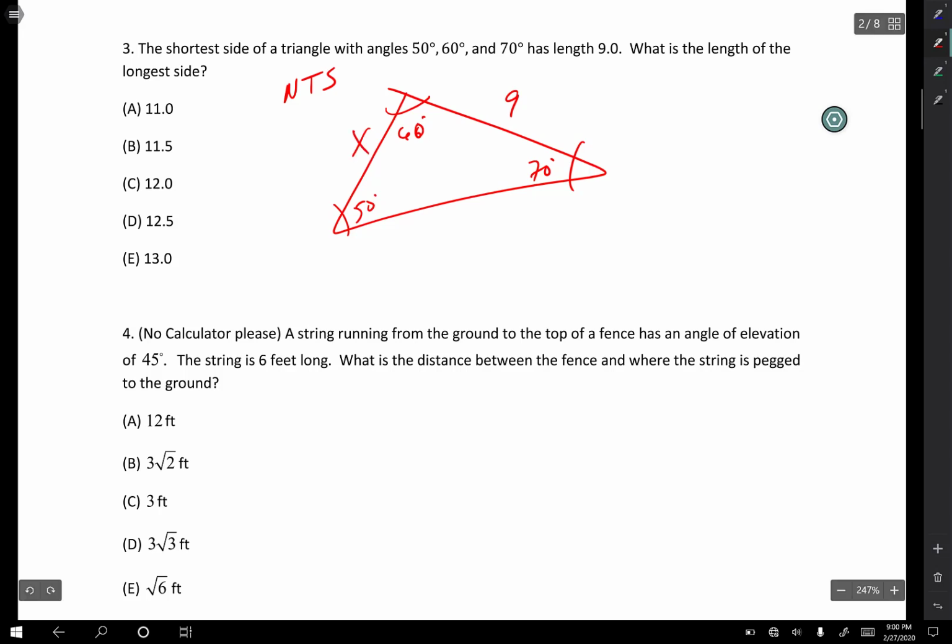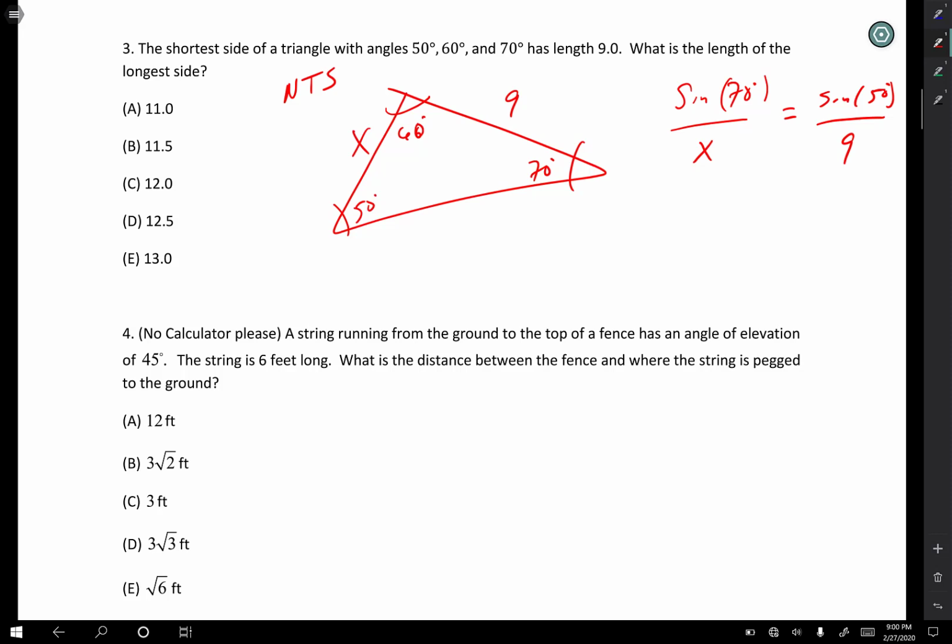And here we go, guys. This is a clear indication of law of sines. So I'm going to write sine 70 degrees over X is equal to sine 50 degrees over 9. I'm going to cross multiply.